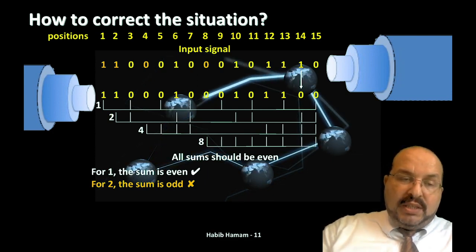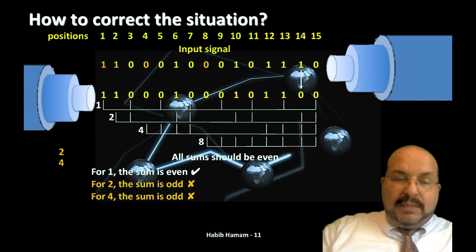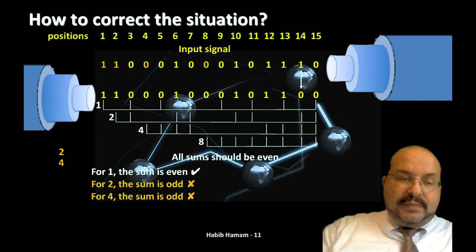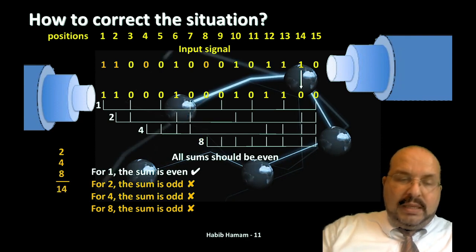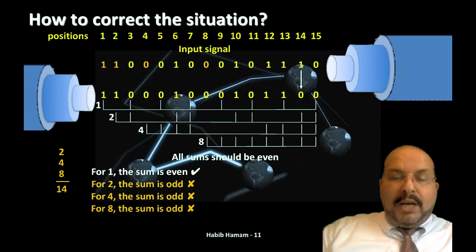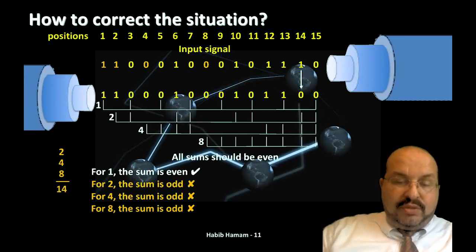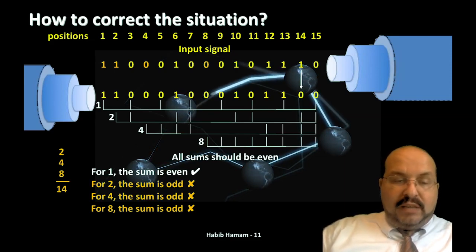I put it aside. 2 is here on the left. Now for 4, I do the same technique. It is bad. It's not even. It is odd. For 8, also odd. And then I sum up all these bad positions for which the addition is not even.